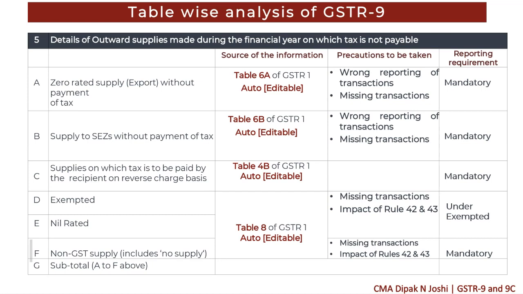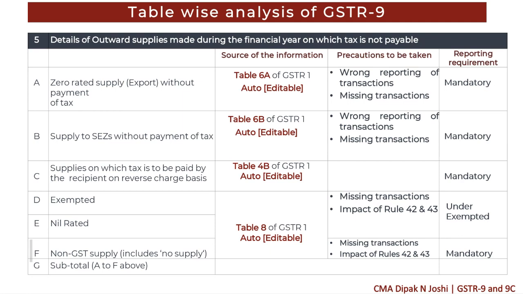Now again, many times we report zero rated supply without payment of tax under the heading of with payment of tax and vice versa. So in that case, again, the appropriate way is to amend such invoice in GSTR 1 and then make the necessary changes in GSTR 9.